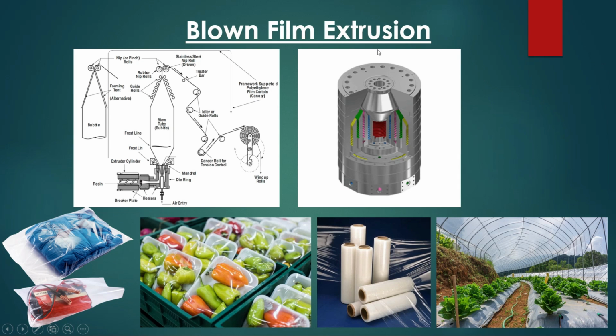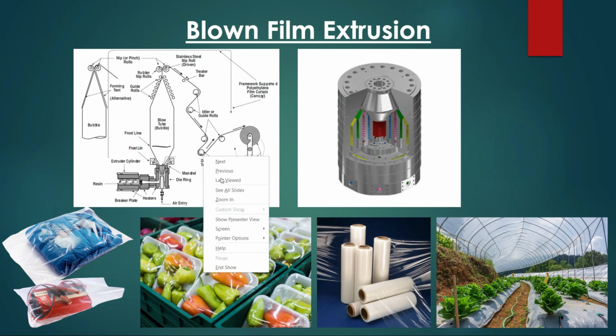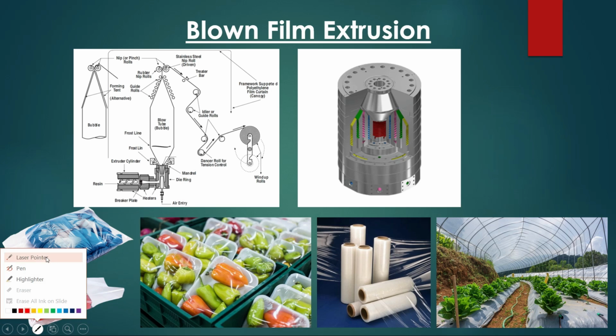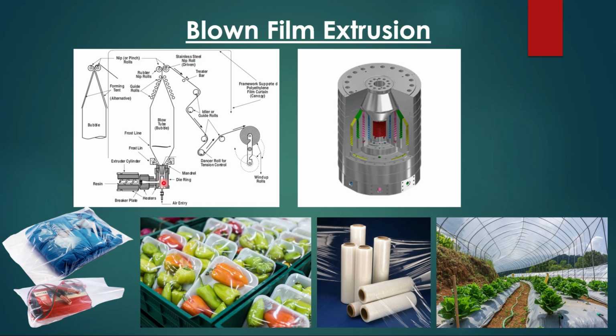And in blow film extrusion, it is like plastic sheet but very thin, and in this process actually we use air, and we blow the tubes here, and this portion I'll highlight here with the highlighter. From here we are passing the air, and it will form the blow tube, and from this side there is a thin layer of plastic, and we merge it here with the roller.